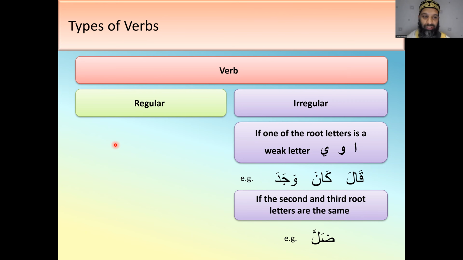Anything else is a regular verb. So ja'ala is regular because there is no alif, waw, or ya in there. Same with this one. And also the second and the third letter are not the same in all three. Most verbs are regular, and it's just some verbs that are irregular.